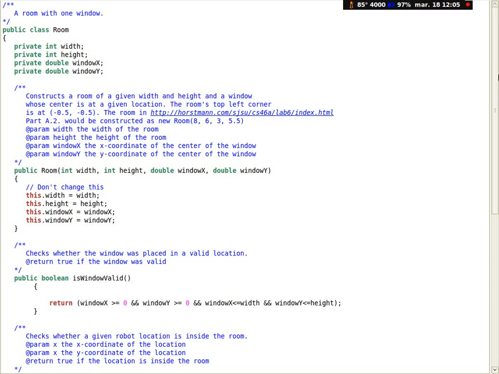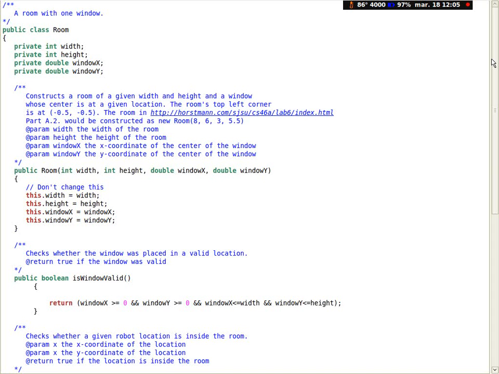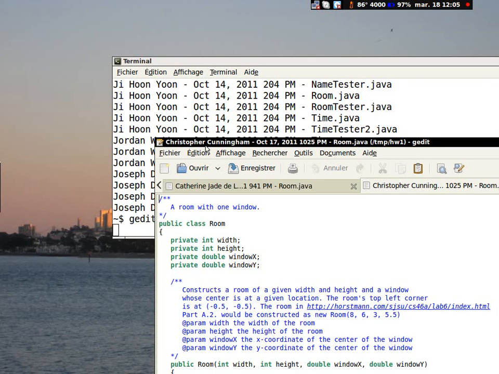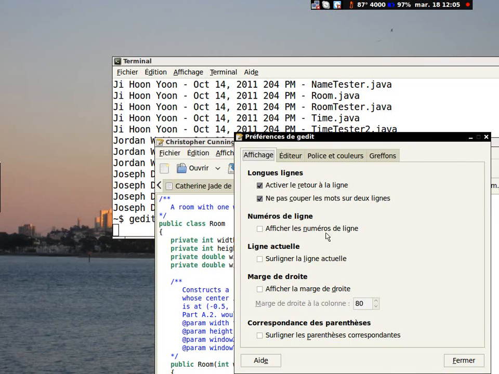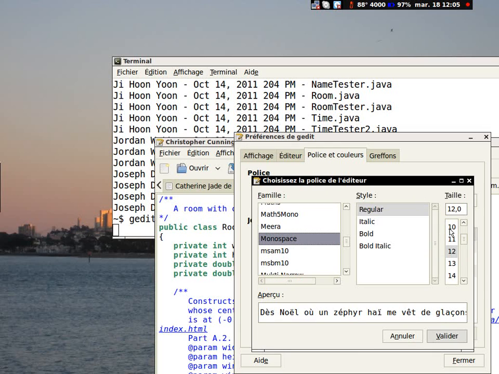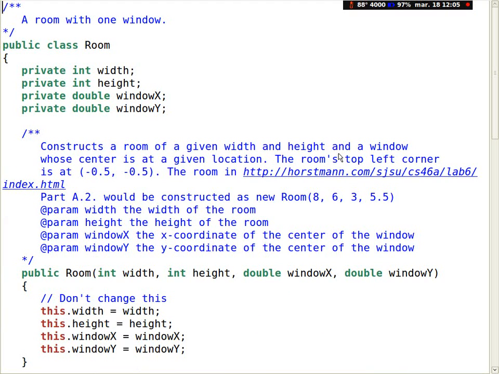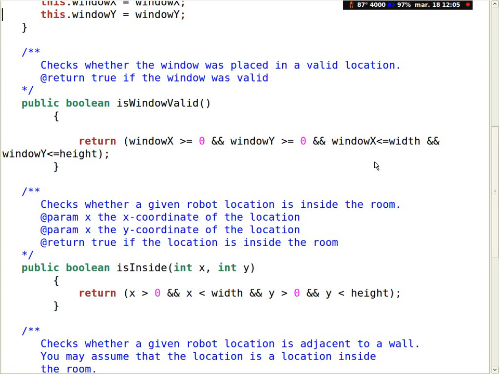Let me see if I can make it bigger. I apologize if in the process I reveal whose name this is. F11. Okay. Is this better?